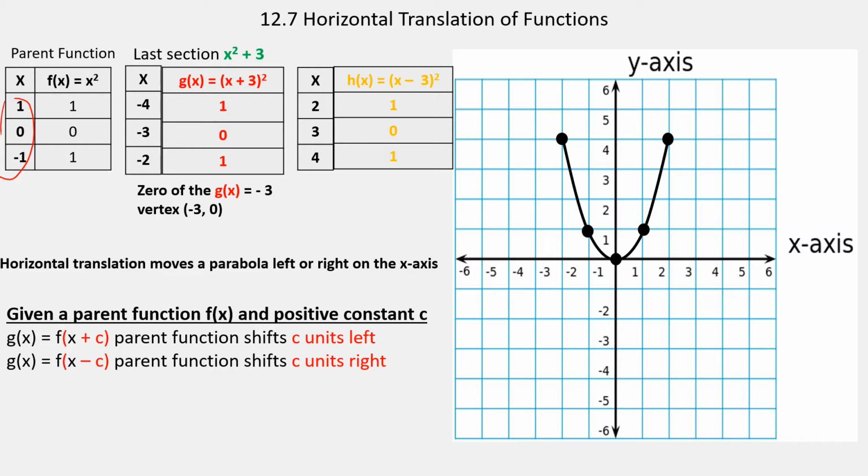So if I had, for example, used 0, which I didn't use over here, well, look what happens to this function. I have g of x when x is 0. That gives me 0 plus 3 quantity squared, which gives me 3 squared, which gives me 9. So if I had plugged in 0 here, I would have got 9. You see, I would have got a higher number.